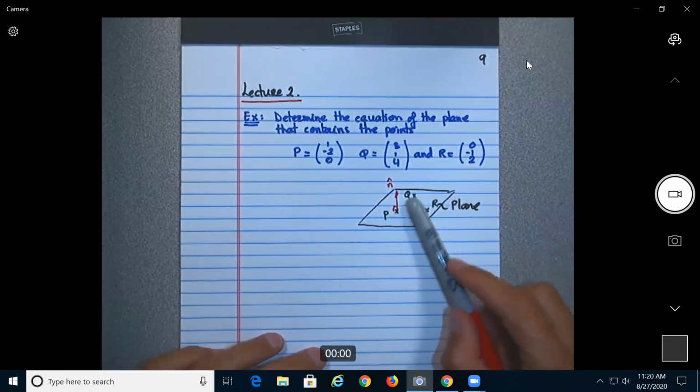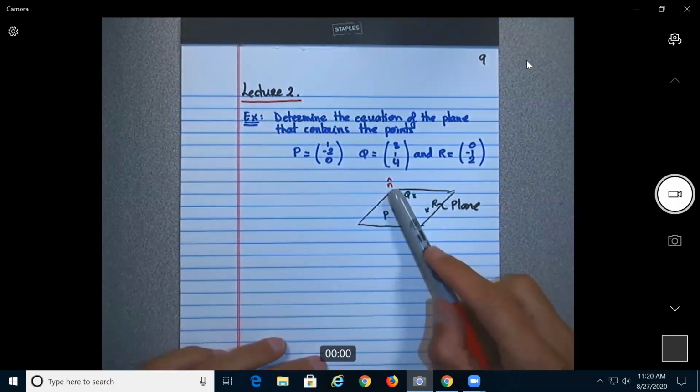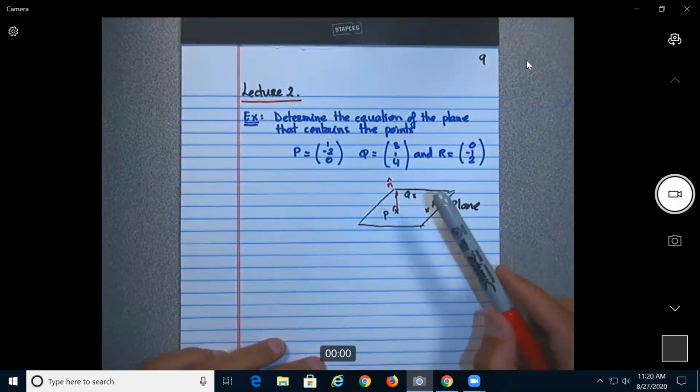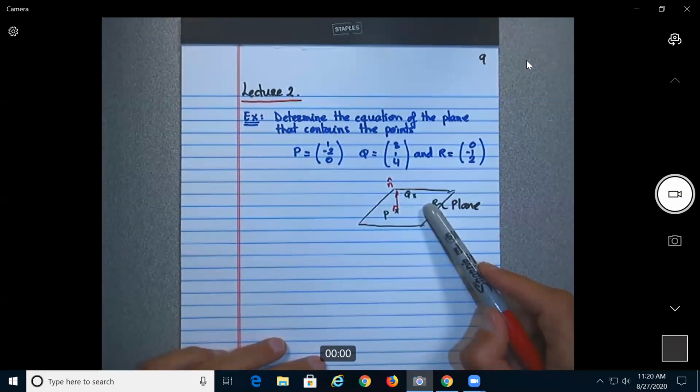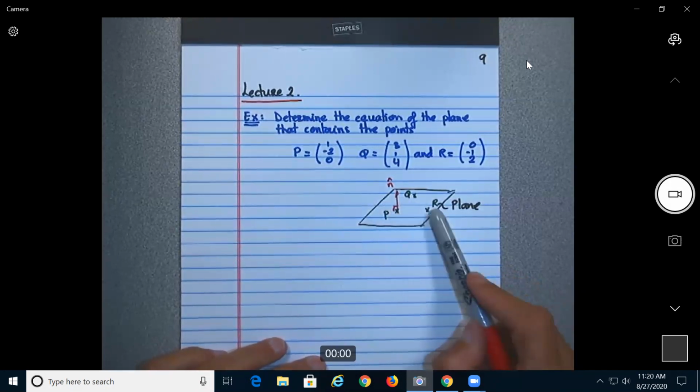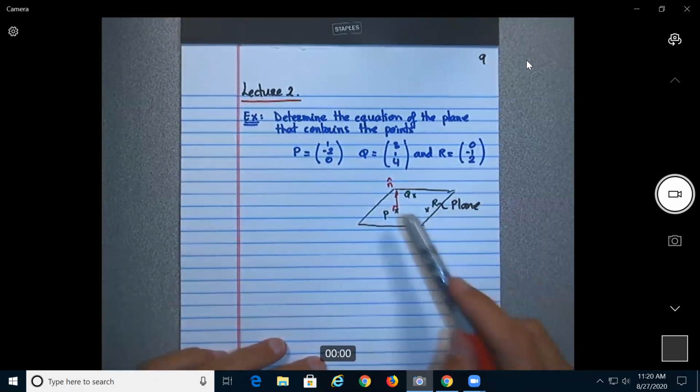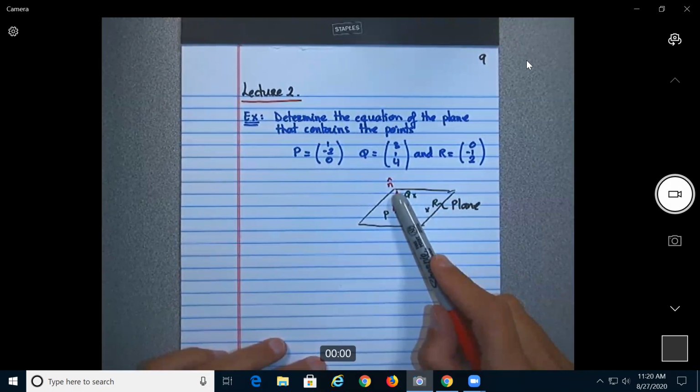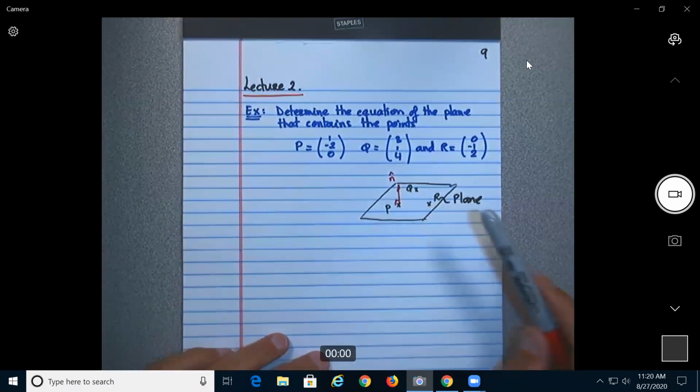If we know 3 points, what would be the way to find the perpendicular vector n? We know that if you use the cross product, say PQ times PR, the resultant will be a vector that is perpendicular to the other two, no? So that way we can get n. All right? So let's do that first.